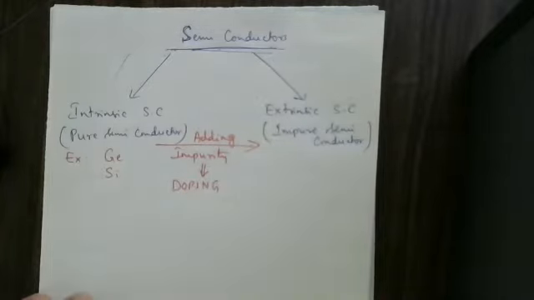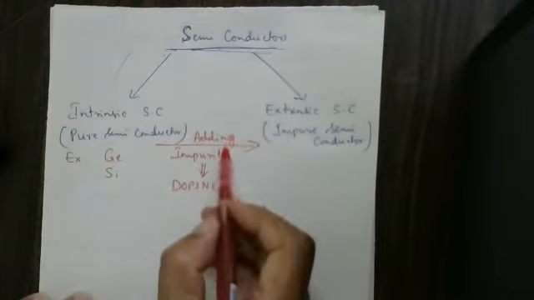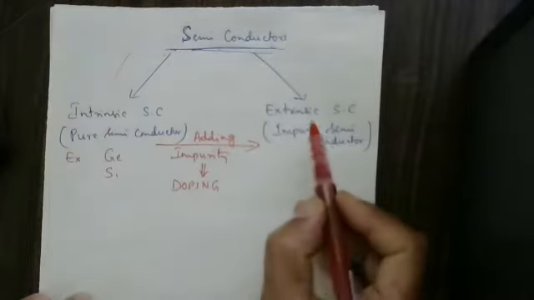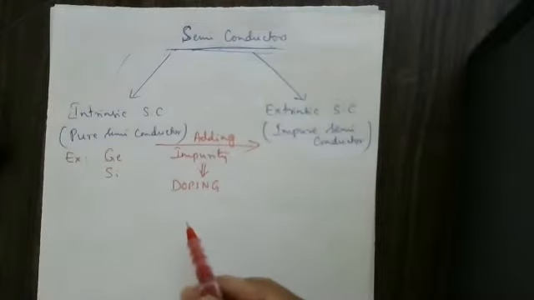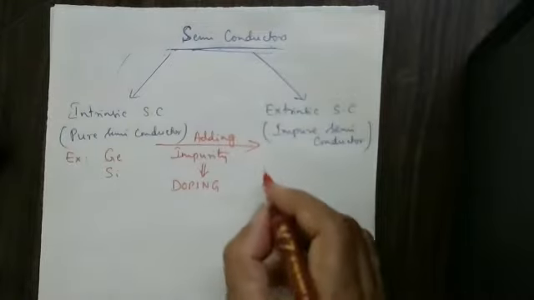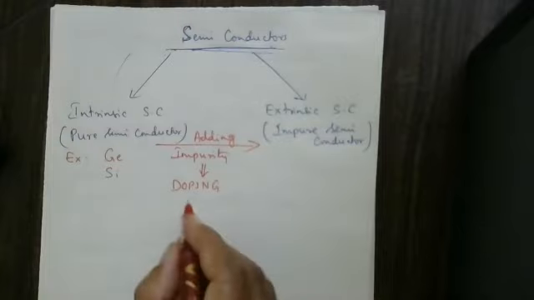What do you mean by doping? The addition of impurity to an intrinsic semiconductor to make it an extrinsic semiconductor is called doping. The added impurity is called the doping agent.